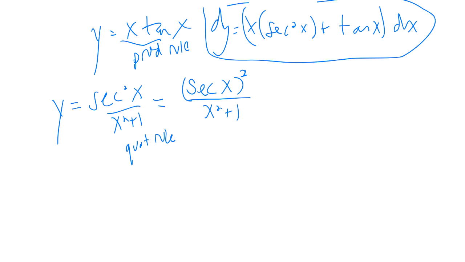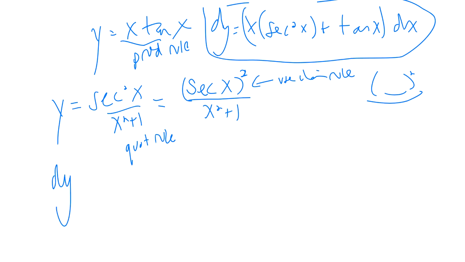So I'm going to use the quotient rule in general, but then when I'm taking the derivative of the upper part of the numerator, I'm going to have to use the chain rule because that's an outside function of something squared and then an inside function of secant.